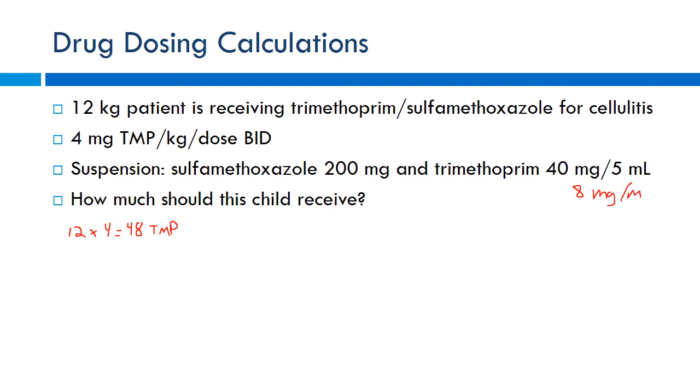So at this point, all I've got to do is take our 48 milligrams, divide that by 8 milligrams per ml, which equals 6 mLs. So this means the child should be receiving 6 mLs of this solution twice a day. Okay, so again, we didn't have to divide by 2, because this is mg per kilo per dose.